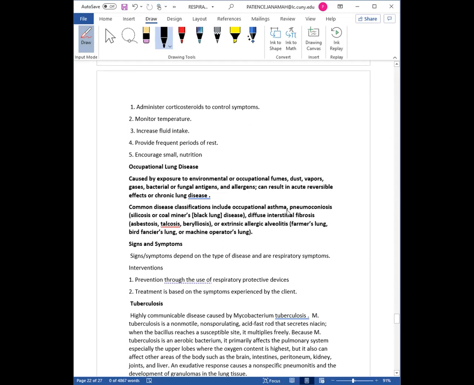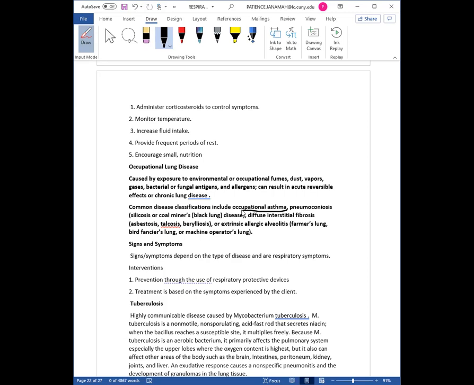So we have asthma that is a result of the occupation you do. They can give you a question where the patient tells you, I work at a sawmill, or I'm a construction worker. Those places produce either fumes, gases, or dust.